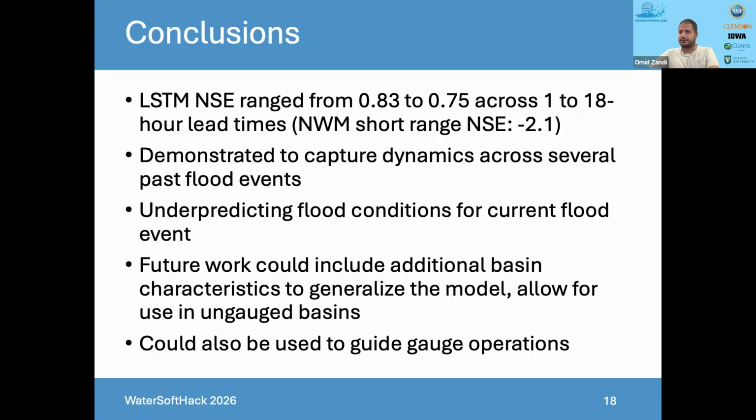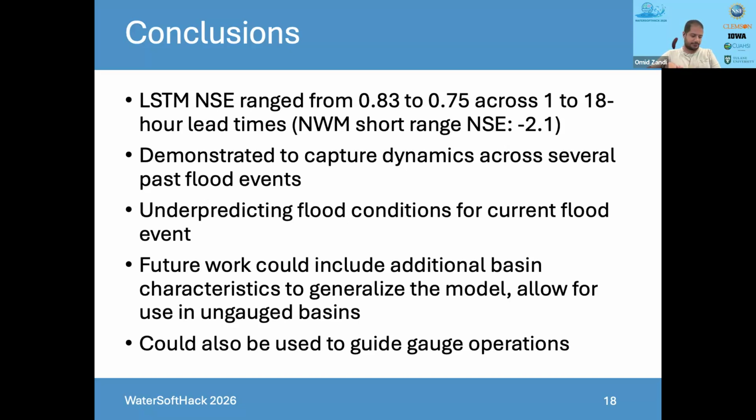So for the conclusions, we can say that the LSTM Nash-Sutcliffe efficiency ranges from 0.83 to 0.75 across 1 to 18 hour lead times, and it works better. It outperforms the National Water Model short range, which other studies reported as -2.